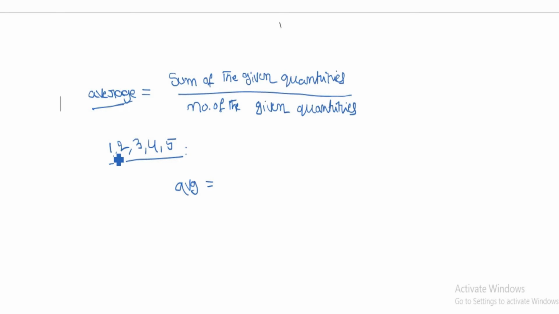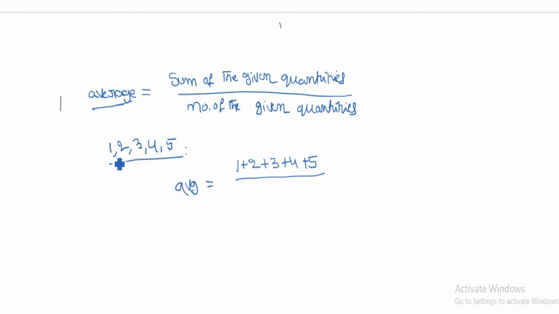Here 1, 2, 3, 4 and 5, these 5 numbers are the given quantities. So we have to add these 5 quantities. So sum 1 plus 2 plus 3 plus 4 plus 5, divided by the number of the given quantities.